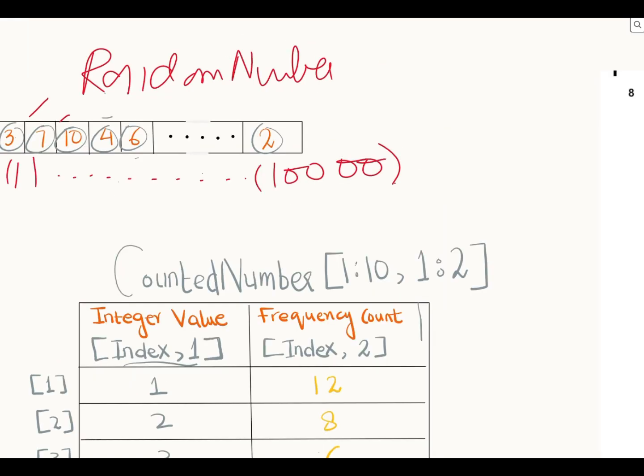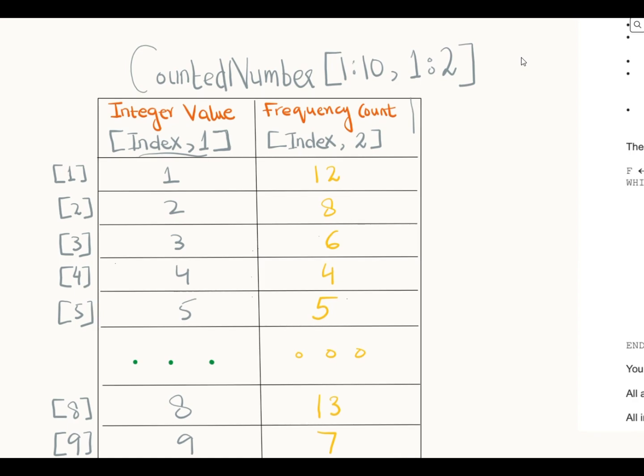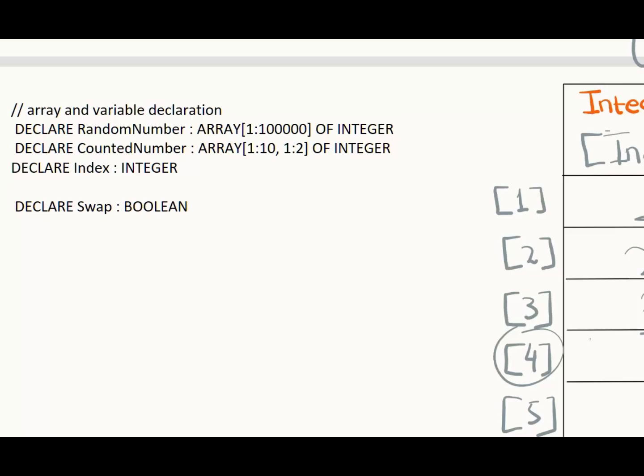And here we have the 2D array, counted number, with 10 rows and 2 columns. So before we start the question, I have declared the known variables. Here I have declared the integer random number, which has 1 to 100,000 values of integer, and this is a 1D array.